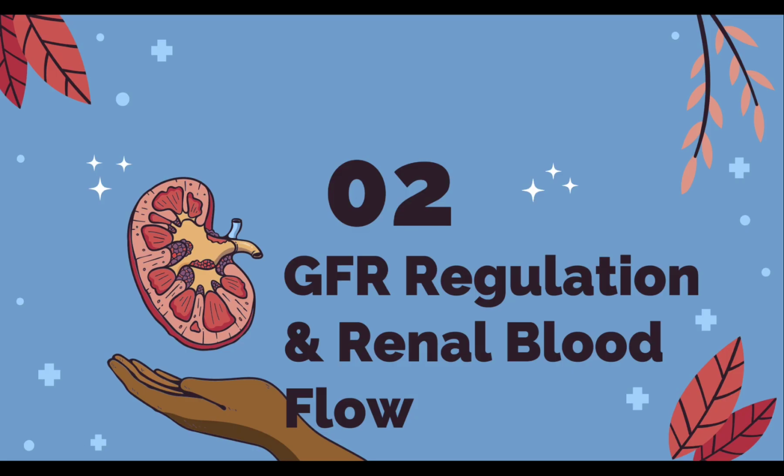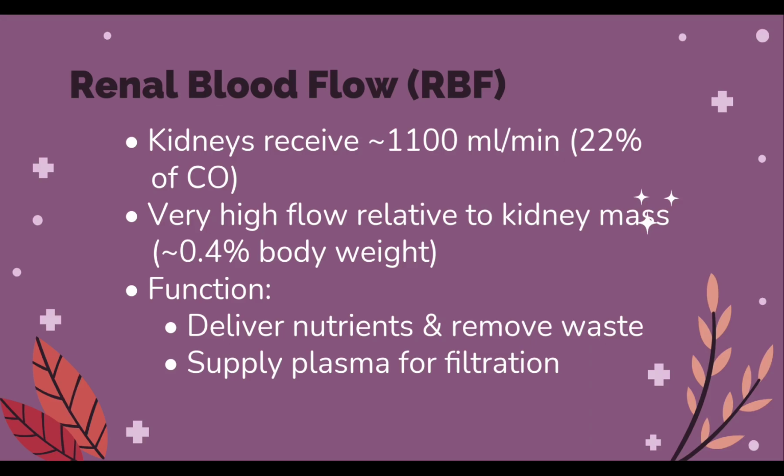So now we are going to talk about our second content, which is the glomerular filtration rate regulation and the renal blood flow. Kidneys usually receive about 1100 milliliters per minute of cardiac output.